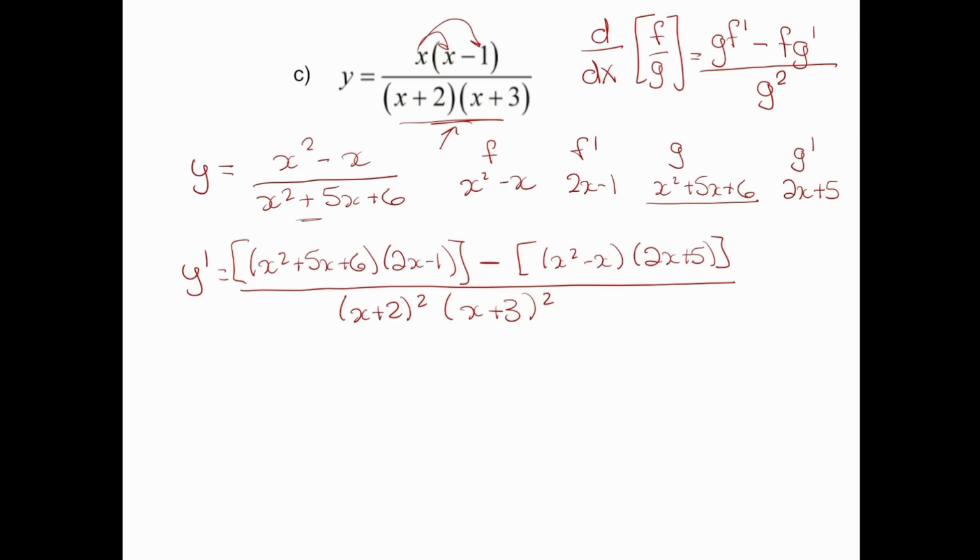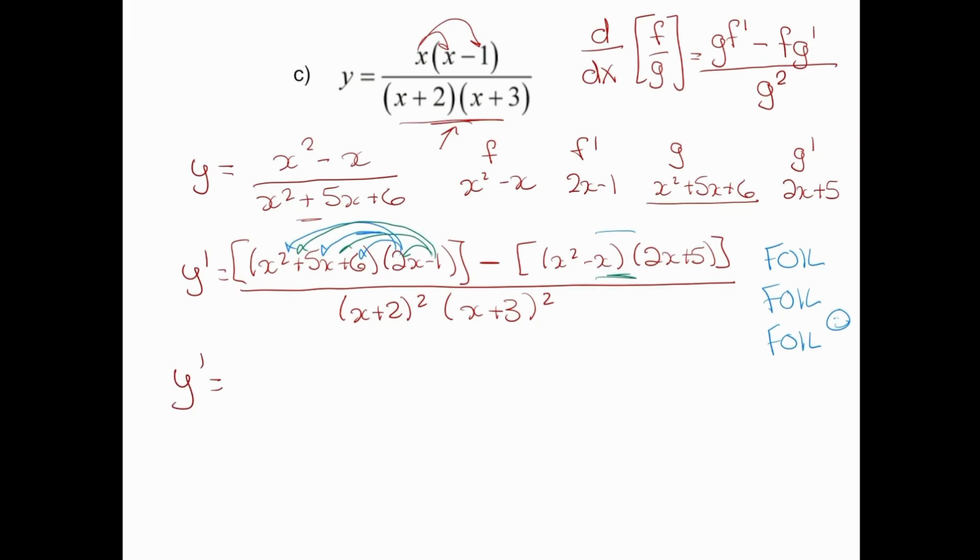Okay, so now we're going to FOIL like our life depends on it. We are going to FOIL, FOIL, FOIL to get these back out into something that we can collect the like terms. So here we go. We have 2x times x squared, 2x times 5x, 2x times 6, and then we're going to do the same thing, different color, -1 times x. You get the drill. And then we're going to do the same thing with this one.